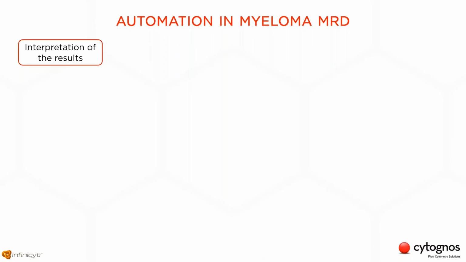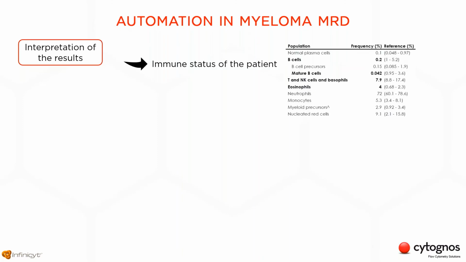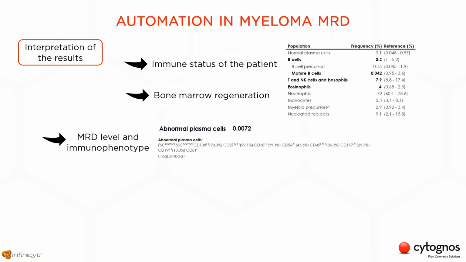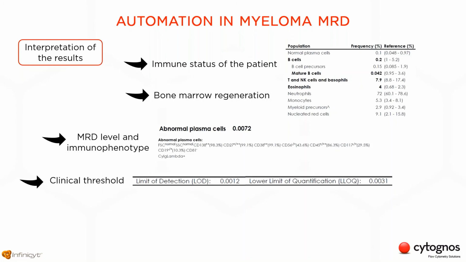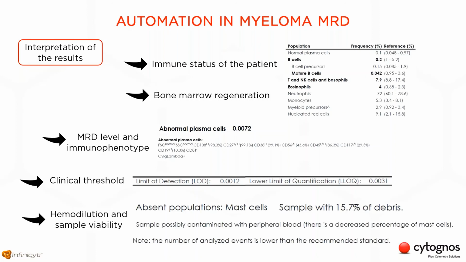And here we have the interpretation of the case, including a complete immune profiling of the patient versus a normal reference, information on the bone marrow regeneration, the MRD level and the immunophenotype of the aberrant population, the clinical threshold that determines the sensitivity of the test, and information on sample quality issues like hemodilution and sample viability.